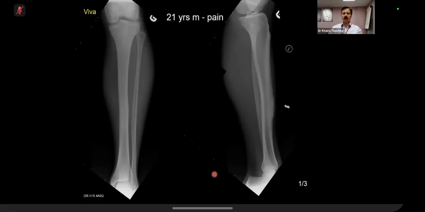In a young age group, please remember this is a very important concept that in tibia, for example, cortical thickening, the main differential is an osteoid osteoma. Osteoblastoma, of course, is a bigger version of osteoid osteoma, and then a stress fracture. Now, coming back to this case, you have picked up solid periosteal reaction here. What will you do next?